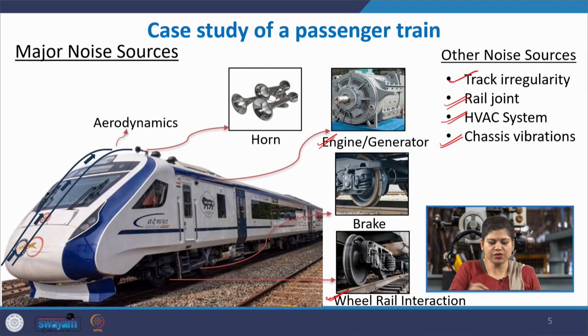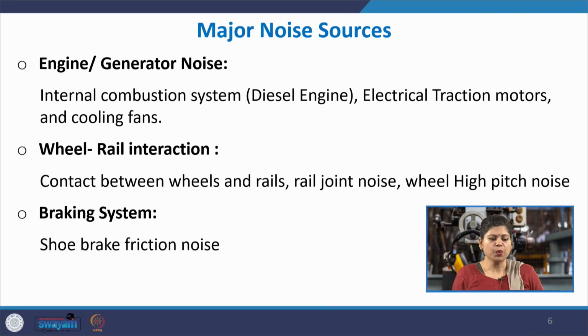The engine or the generator noise: this is the power source of the passenger train which drives the train. It can either have an internal combustion engine or a diesel engine installed, or electrical traction motors used along with the cooling fans. Slowly India is heading towards electrification of its railway fleet.